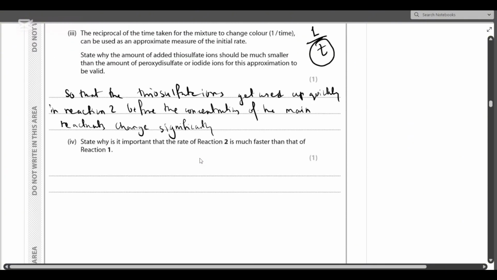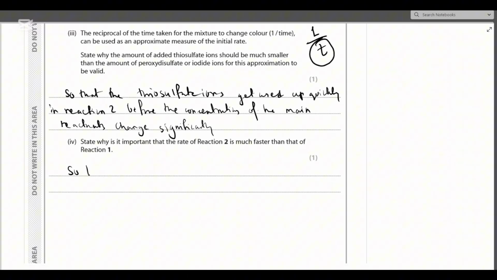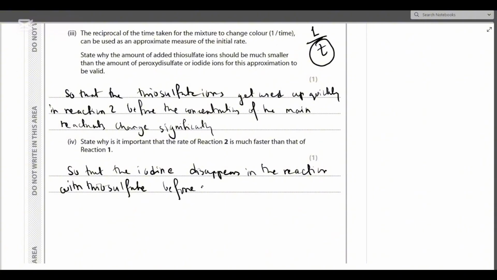So we can write it down: so that the iodine disappears in the reaction with thiosulfate before any reaction with the starch can occur.